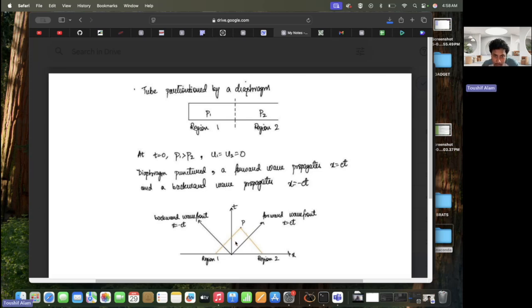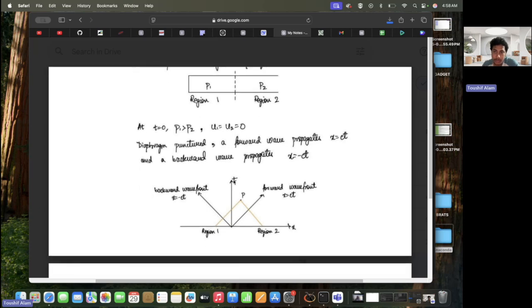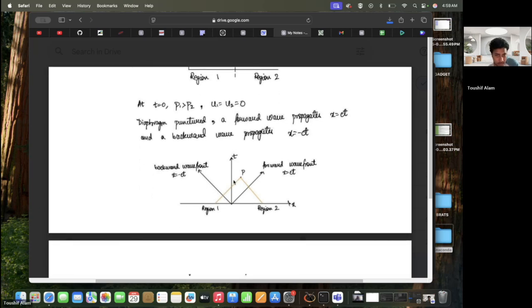Or you can say that this term, depending, you can say 1 by c. And x is equal to minus ct will be this term, this and this, depending on the c or 1 by c. So the backward wavefront is a forward wavefront.